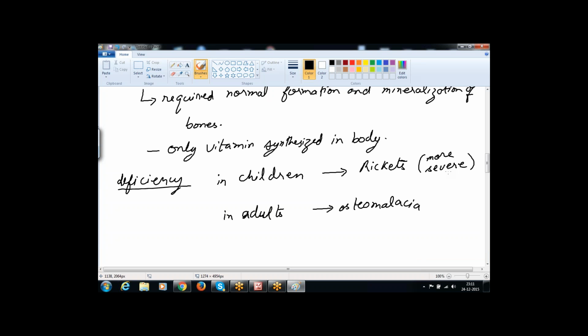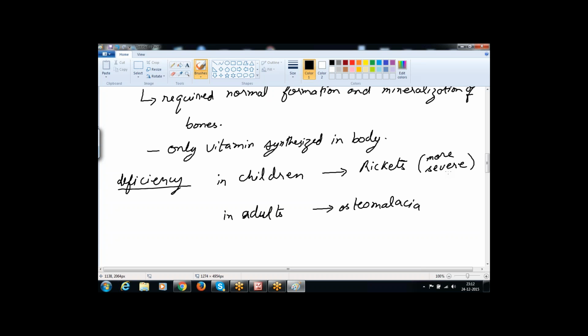But in adults, the bones have already developed. It's just that if vitamin D is less, there are more chances of osteoarthritis. So there can be bone pains and things like that. And if you replenish vitamin D, things will be fine.